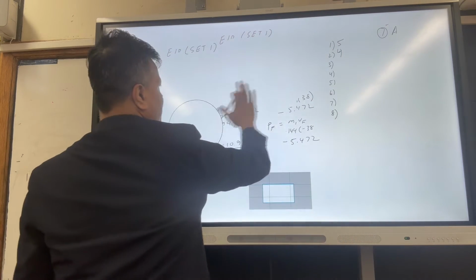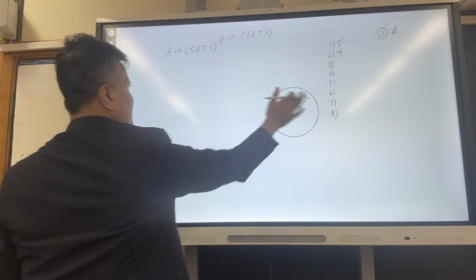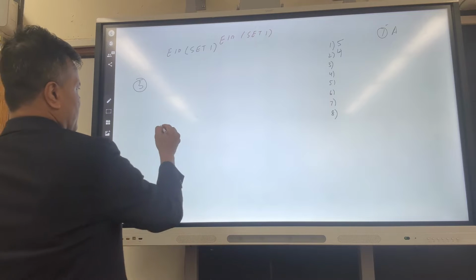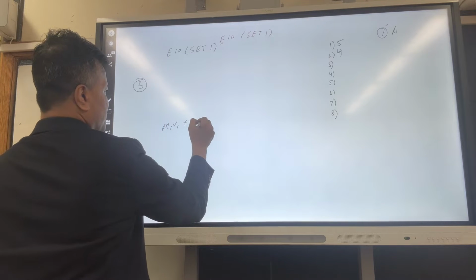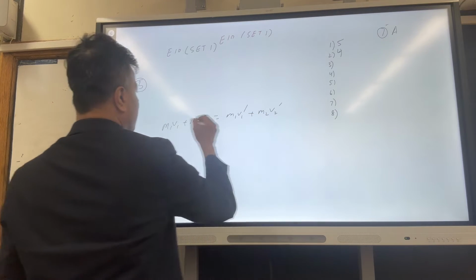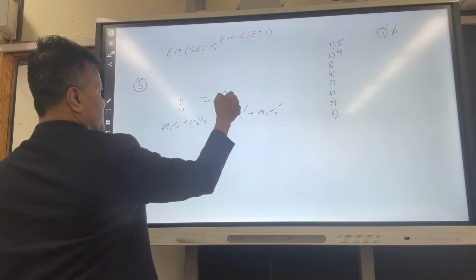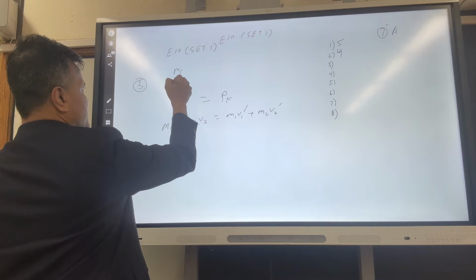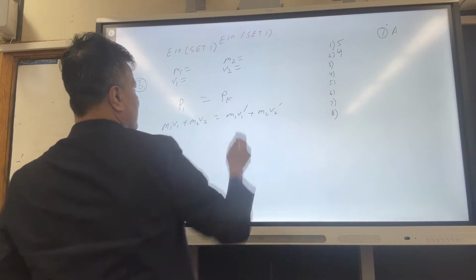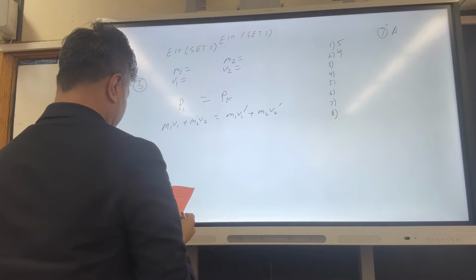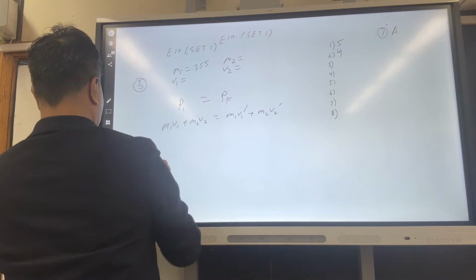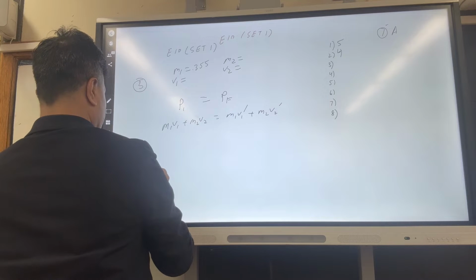All right, so let's go over number 3. m1 v1 plus m2 v2 is equal to m1 v1 prime plus m2 v2 prime. Momentum initial is equal to momentum final. So what is m1, what is v1, what is m2, what is v2? Okay, so m1 is 0.355 and v1 is 0.095.